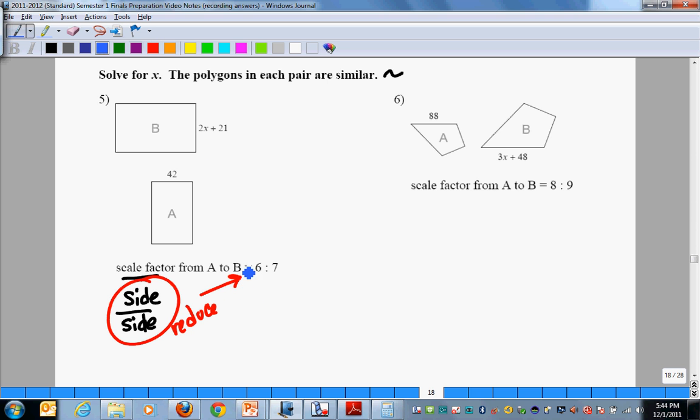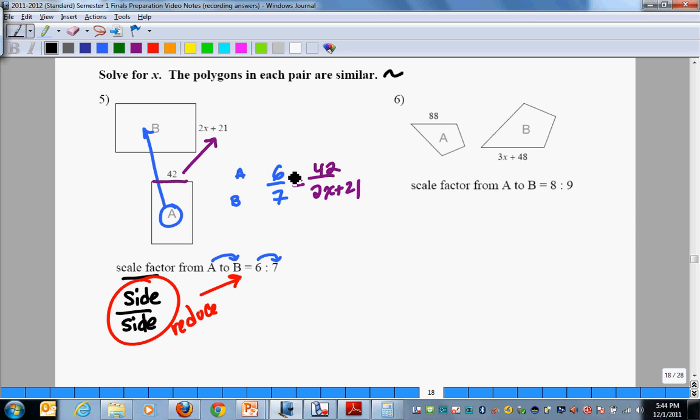So we're given the scale factor of A to B here is 6 to 7. So I'm going to circle A and go to B. I know whatever the ratio of the sides were, it reduces 6 to 7. So I make note, I'm going A to B. So I go 6 over 7, and now I need to match the sides, equals 42 over 2x plus 21.